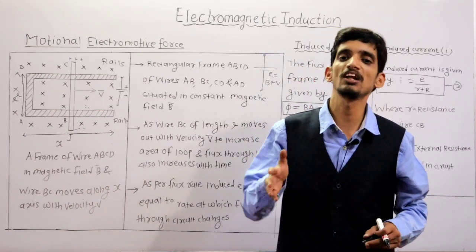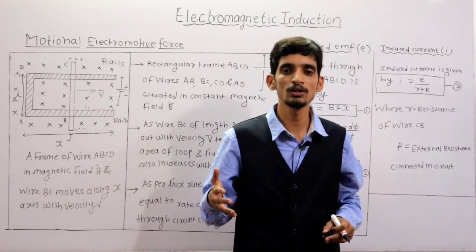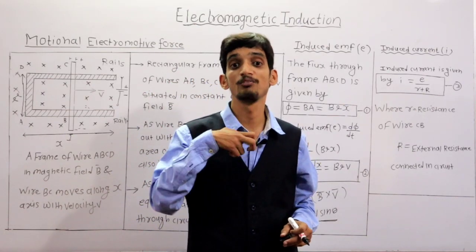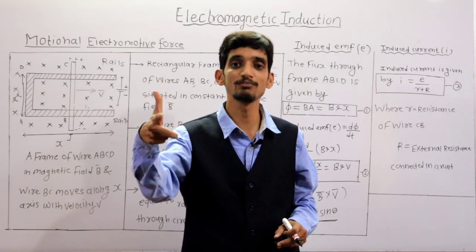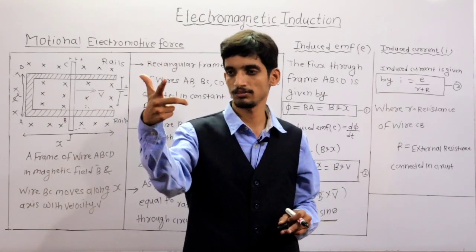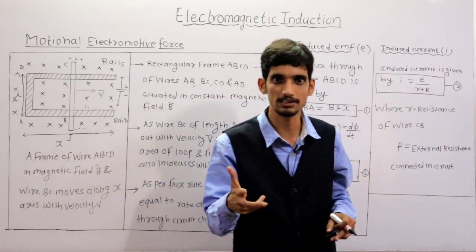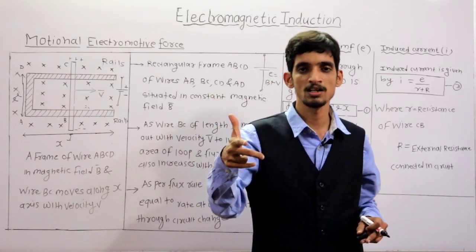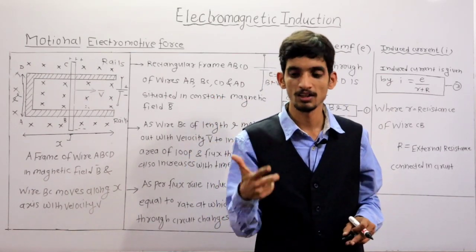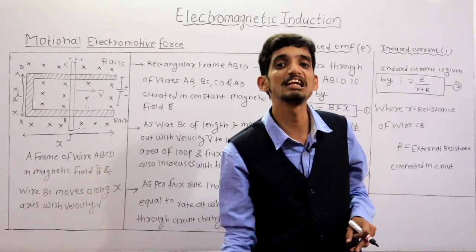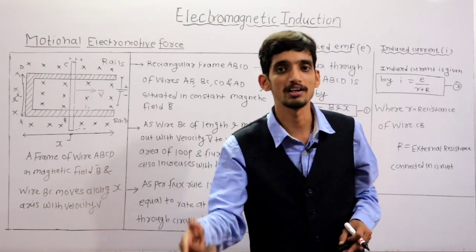There is another rule, Fleming's right hand rule, that also gives the direction of the induced EMF, called VBI. In that, if you arrange the fingers of your right hand in such a manner that the thumb indicates the motion of the conductor, then the forefinger indicates the magnetic field, and the middle finger indicates the direction of current.